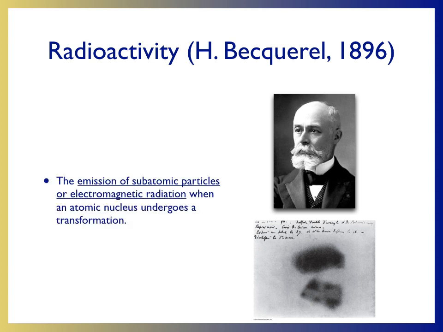Radioactive decay is the emission of subatomic particles or electromagnetic radiation that come from a sample or an atom undergoing some transformation. In the next few slides, we'll look at different types of radioactive decay and what kinds of transformations of the nuclei have to occur to have them happen.